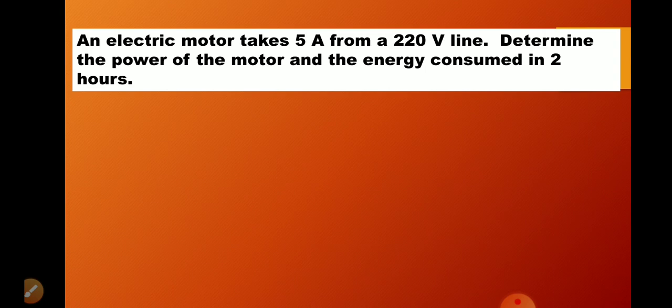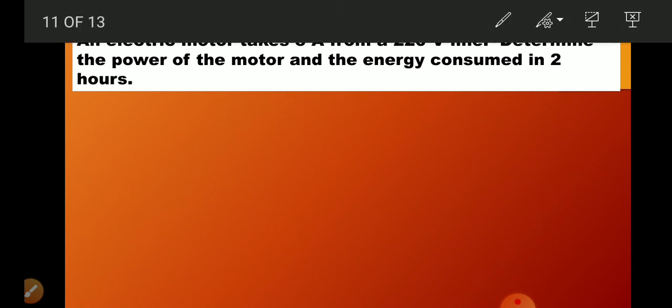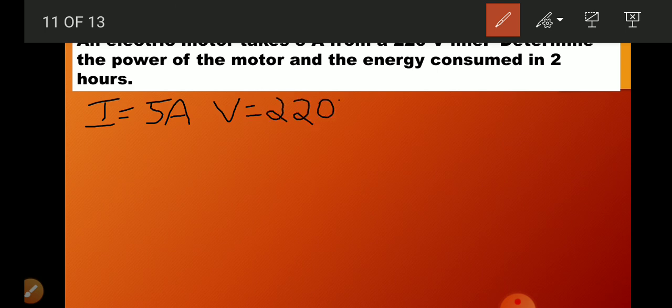We have to determine the power P and the energy consumed in 2 hours. Current I is 5 ampere, and voltage is 220 volt.